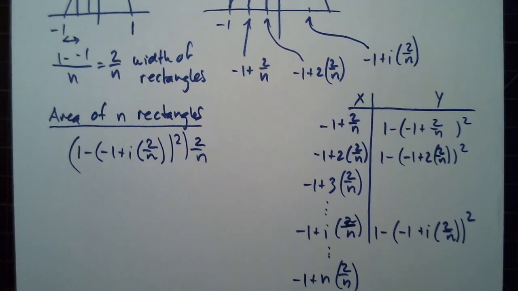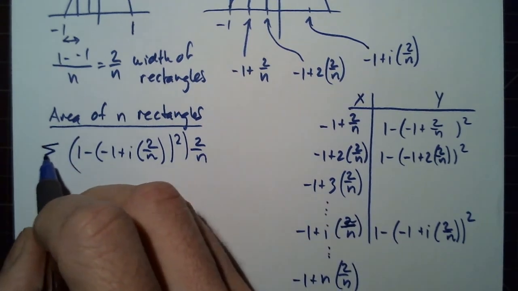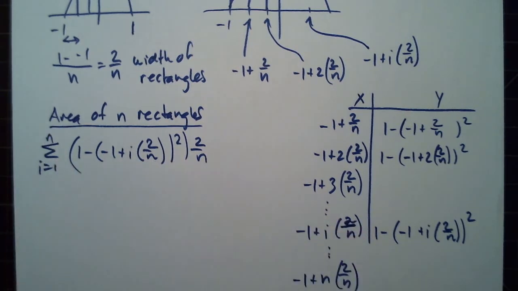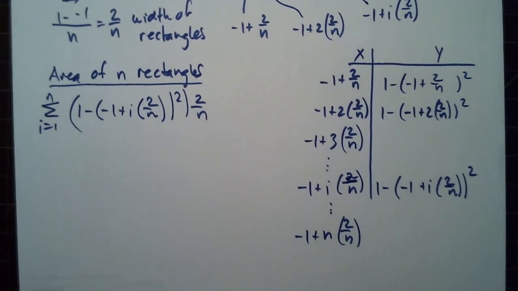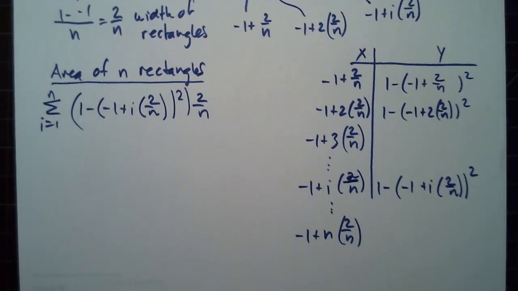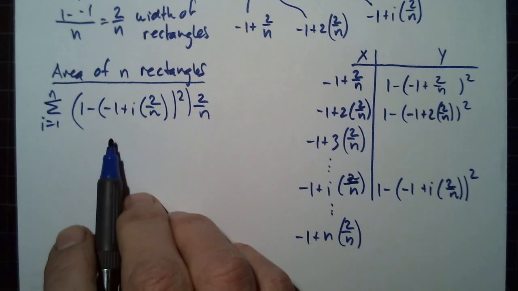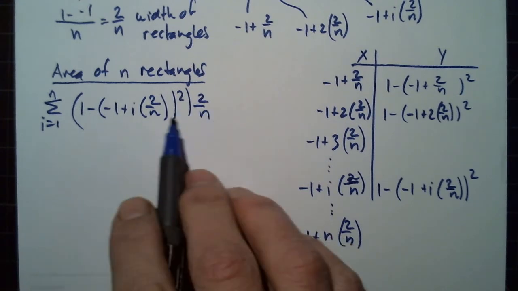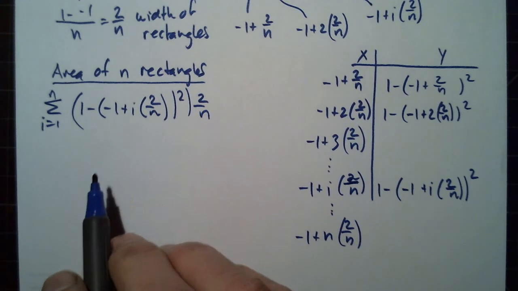So that's the area of one rectangle, and then when we add them all up, this is the area of n rectangles. And from here it's just algebra and then find a limit. So we have to apply that, simplify, and then find the limit.